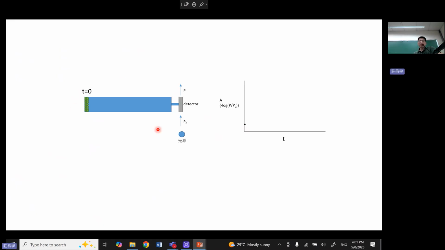Well, this is the column. In an HPLC column, the blue parts represent the solid material. The column is packed with a solid material, which is the stationary phase. And here the green dots represent the target compound in your sample.